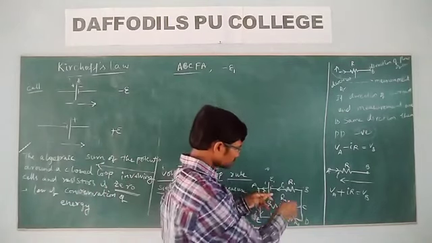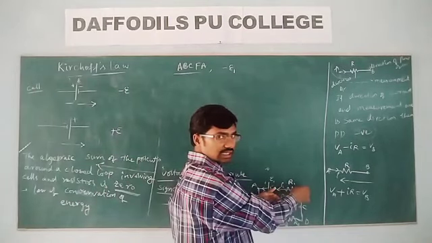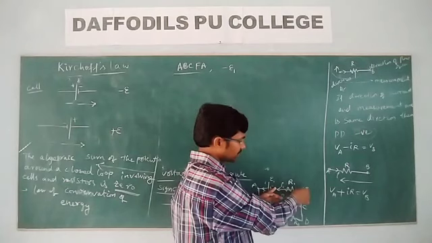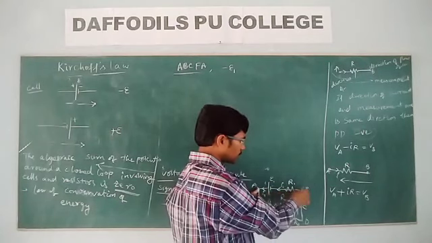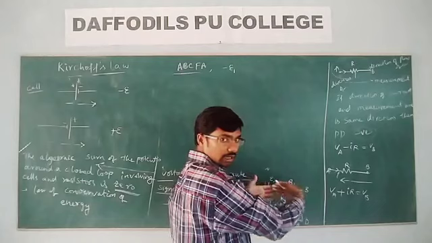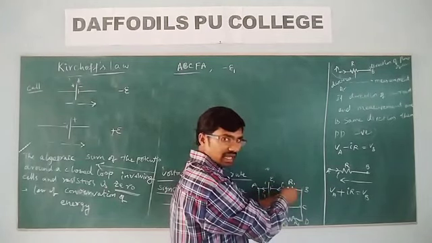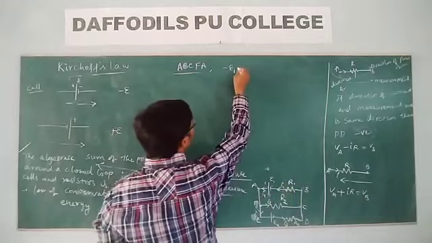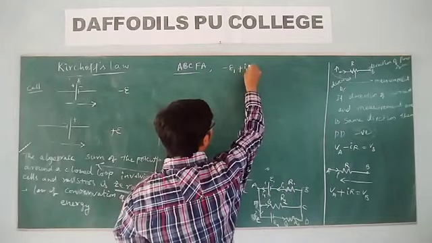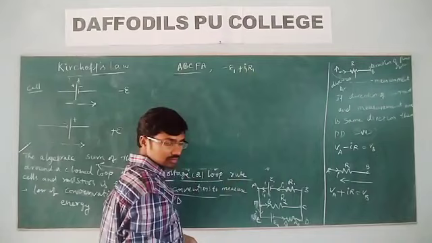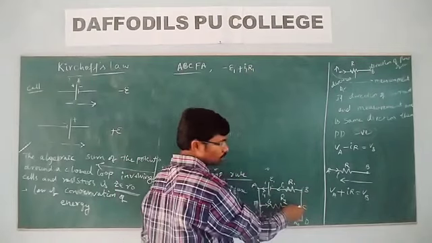Next, here we have a resistor. For this resistor, how to find the potential difference? We are moving from A to B, but the direction of the current is in the opposite direction. Then how do we take the potential difference? Plus, V is equal to IR, so plus I1 R1. Now B to C there are no components.